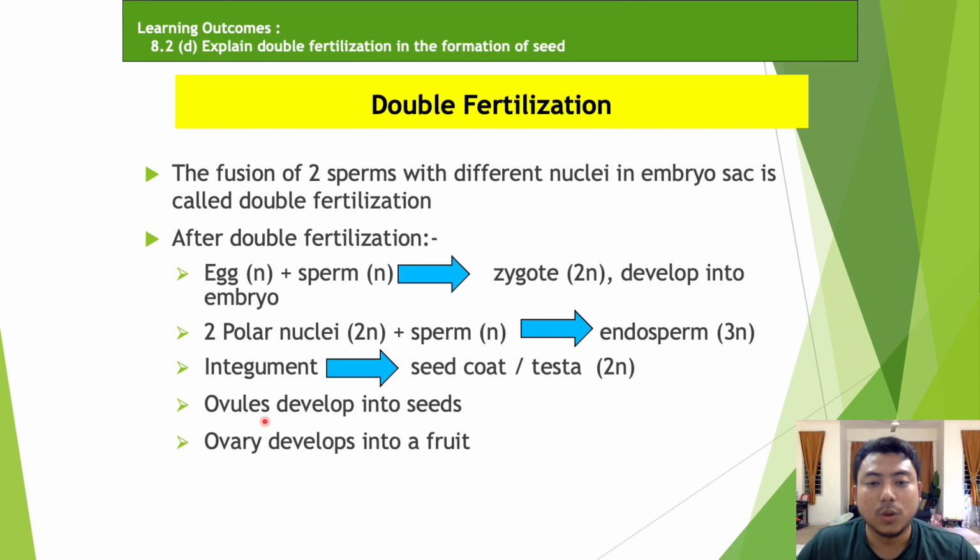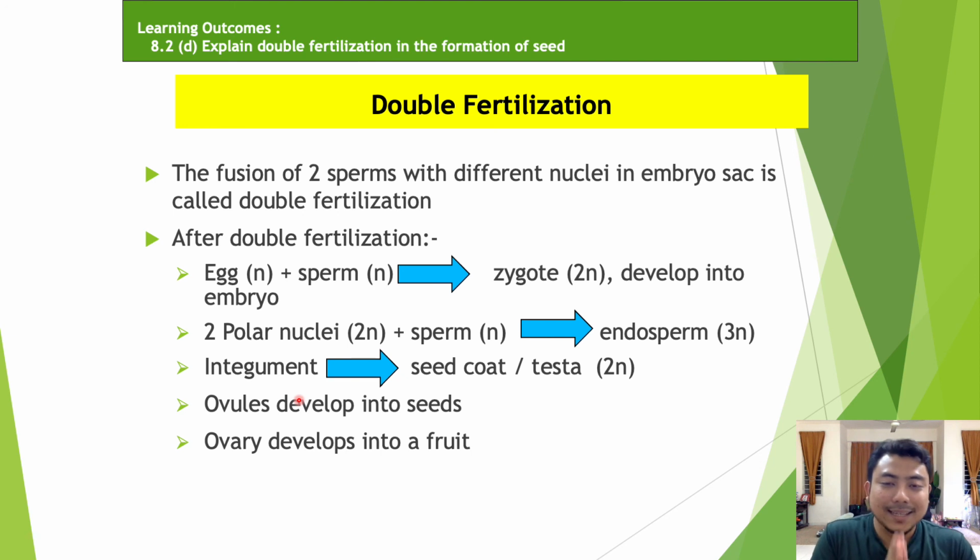Okay, so I hope you guys still can recall that inside the ovary we have many ovules inside it. So those ovules will later become seeds. So the ovary itself will later become a fruit.